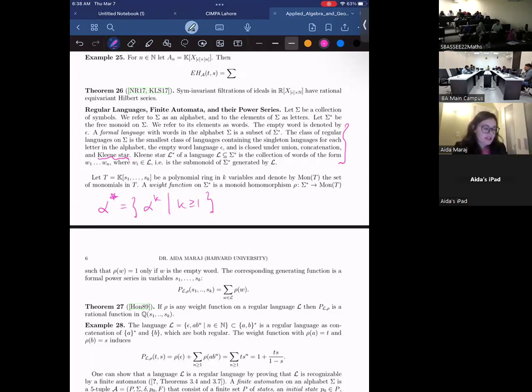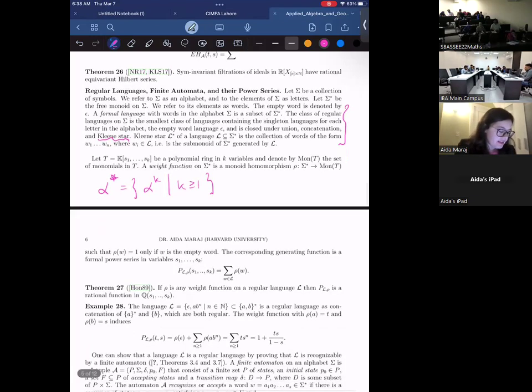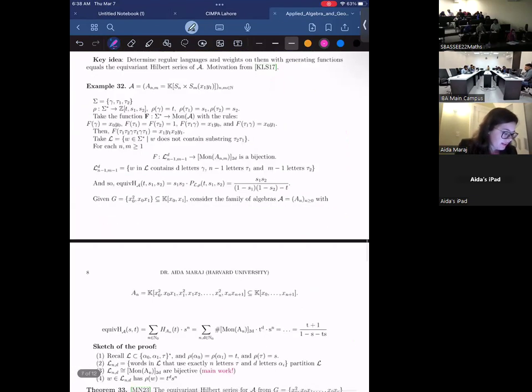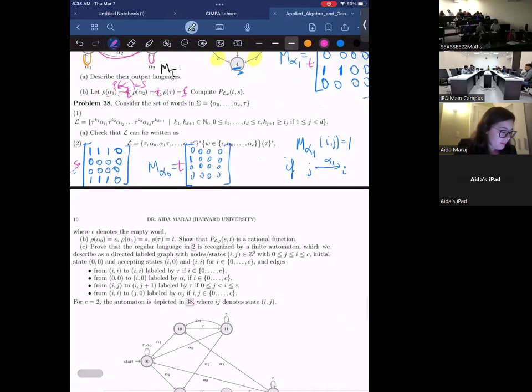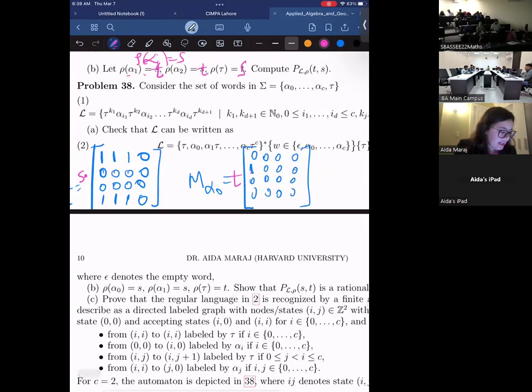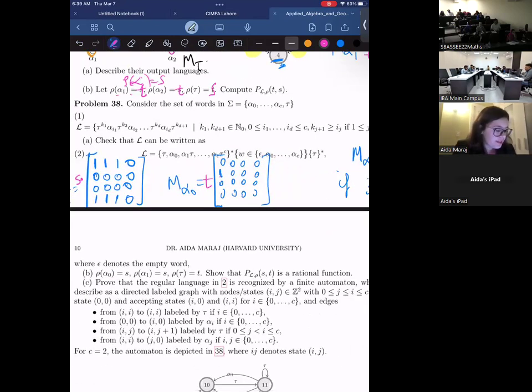With these operations applied to the one-letter languages, you get all the regular languages. So all the regular languages can be expressed by these operations. And that is what part A is saying here: all these words can be rewritten in this form. Maybe I should remove this.